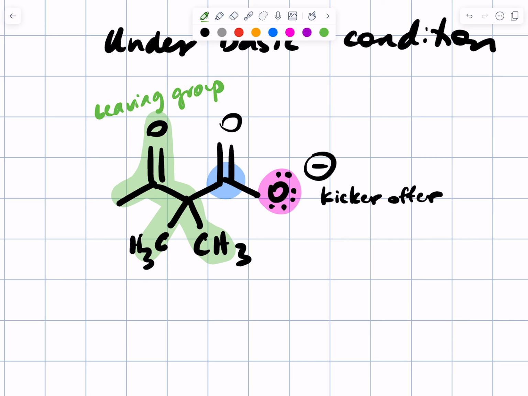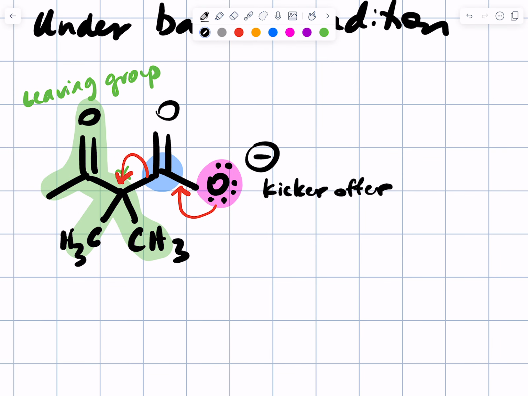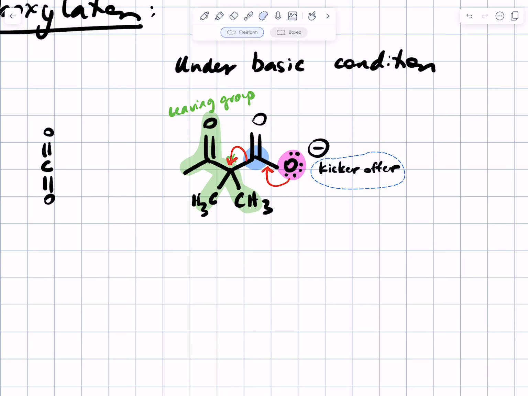And the reason it's a leaving group has to do with the fact that this carbon that's going to leave is adjacent to a carbonyl, and a negative charge on that carbon could be stabilized by resonance. So watch as electrons kick down to form a new carbon-oxygen pi bond, and the leaving group leaves. And I will show the arrows this way, mostly to illustrate what I mean by leaving group and resonance stabilized.